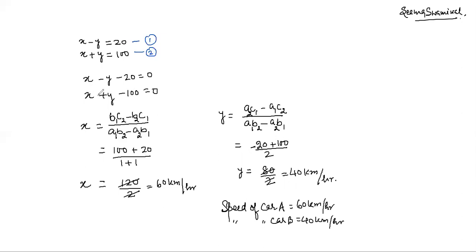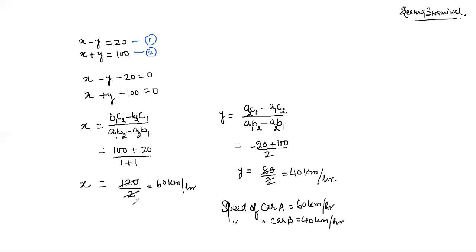And a1 b2: 1 multiplied by this one will give you 1. Minus, from the formula it is minus, and this is minus 1 once again. When you multiply these two, it is minus 1 once again. Only the coefficients are multiplied; nowhere are you going to write x and y here. So children, this is 1 minus of minus 1, and due to the formula it will become 2.